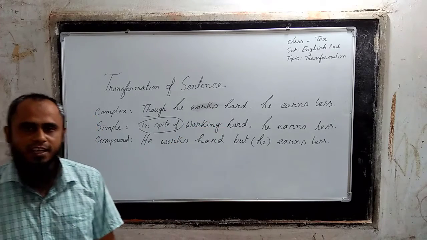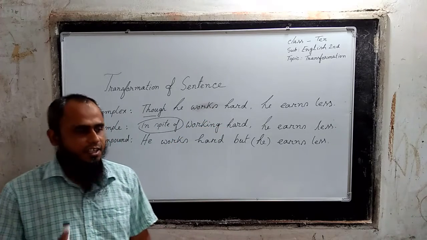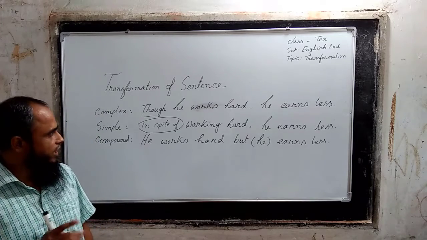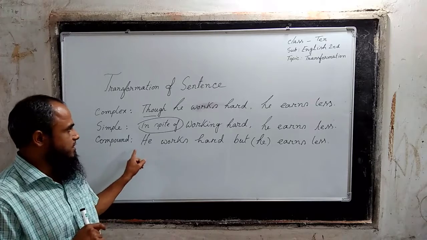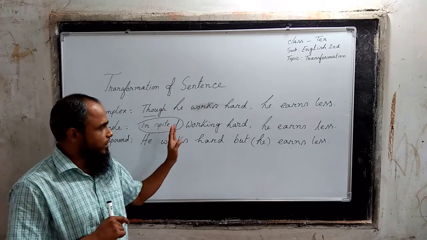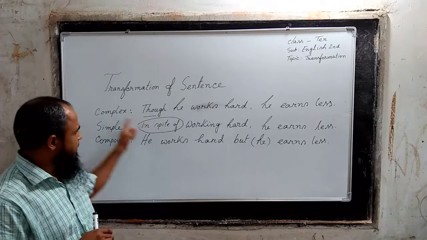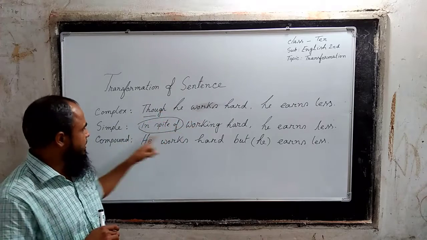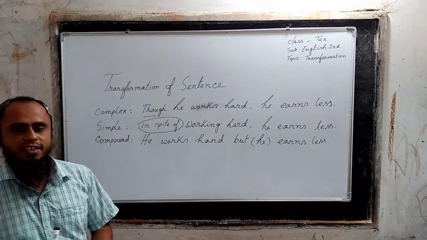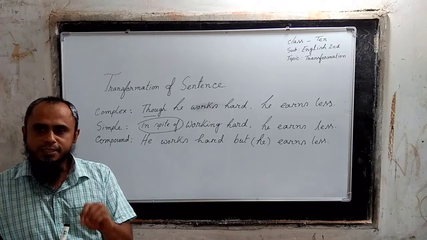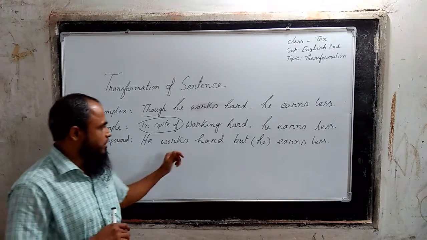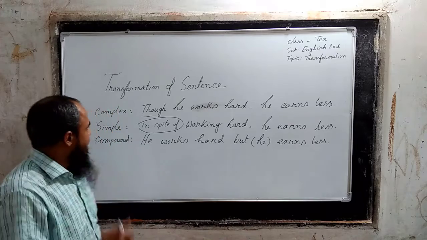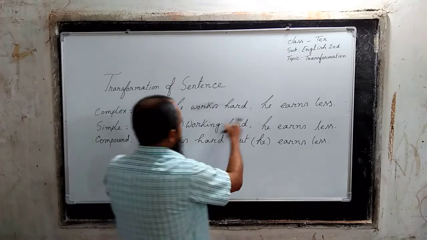And dear learners, you must know that in complex sentence and compound sentence, there are more than one clauses. In simple sentence, there will be a single clause. And in compound sentence also, there will be more than one clause. And here there are two clauses.